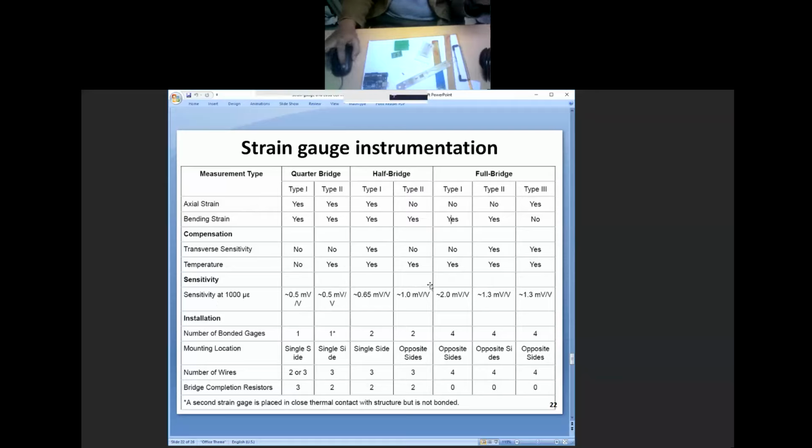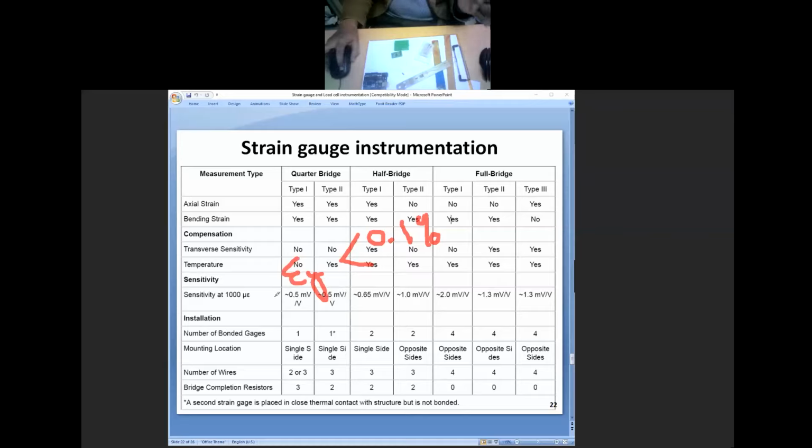Now something called sensitivity. What is this? 1000 microstrain. What is this 1000 microstrain? Remember, what is the value of a strain, from our offset rule? As a rule of thumb, the real elastic strain or yield strain is less than 0.1%.